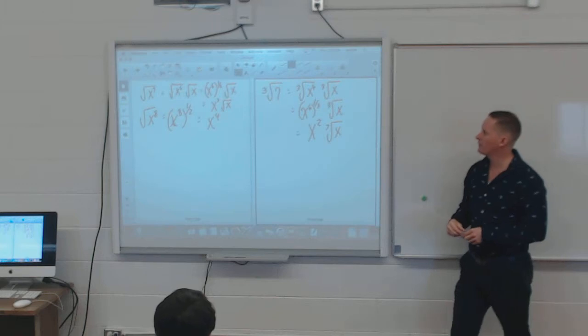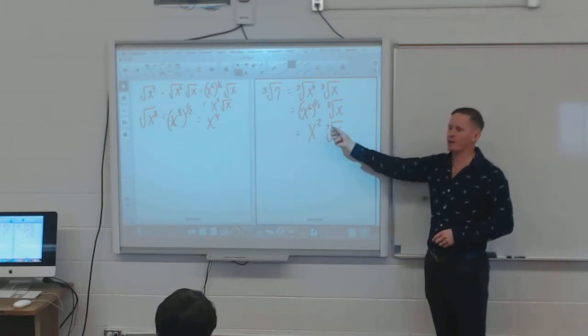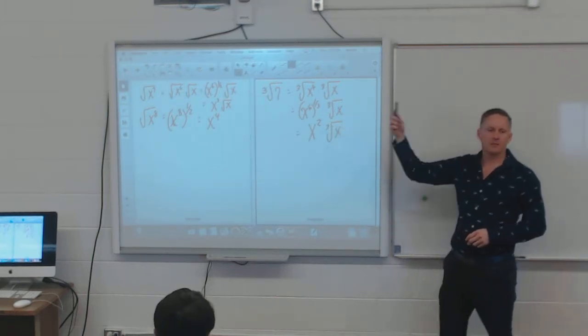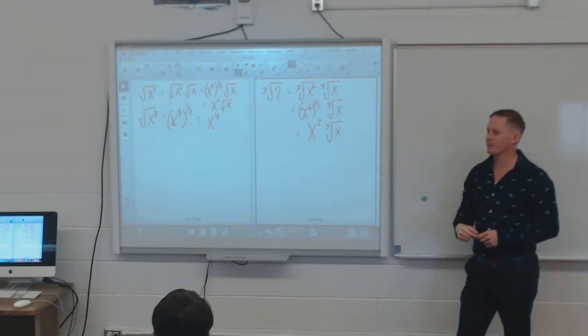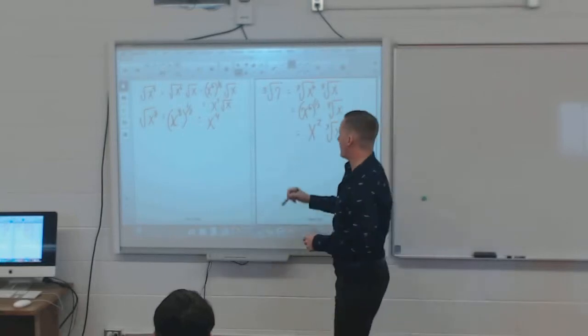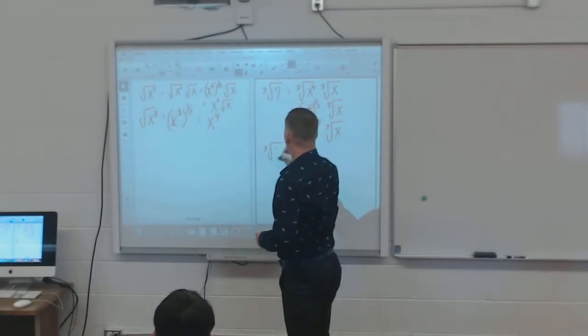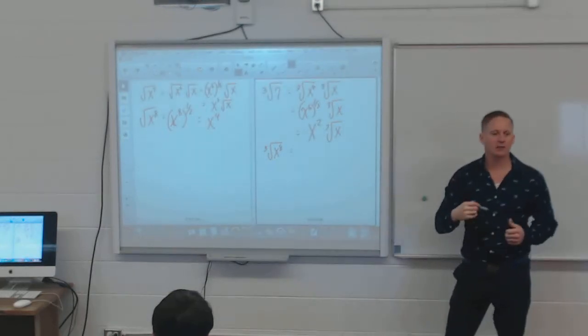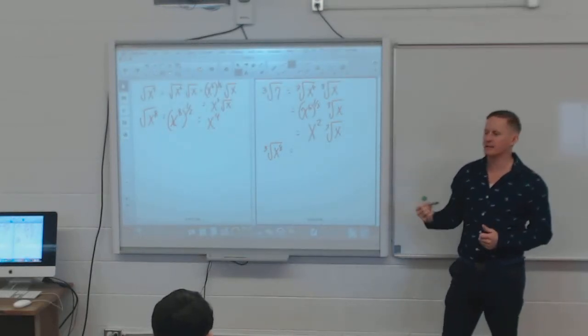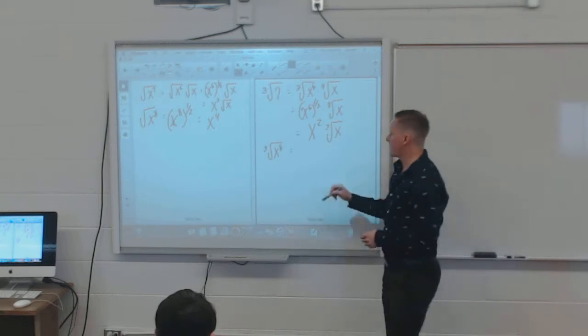You ask yourself, based on whatever root number you're talking, what's the largest number that value can go into that's less than it? So I'm going to go back to your example where you said cube root x to the 8. What's the largest number that 3 goes into that's less than 8? Still 6, right?